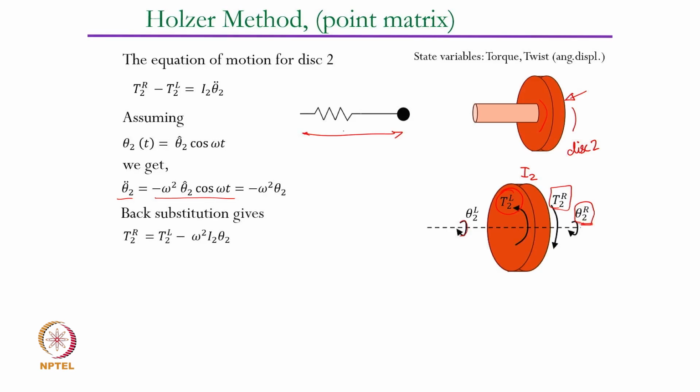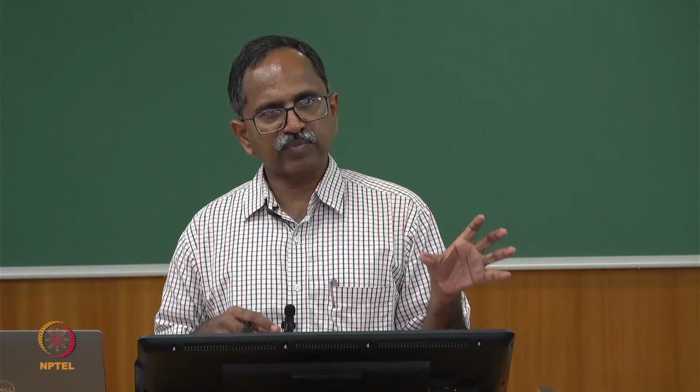If this is true, then we can substitute it back into our governing equation, and then assume that the disc is rigid. That means there is no relative twist between the two faces of the disc, right. The disc is rigid enough that all the strain energy is stored in the spring, which is the shaft.